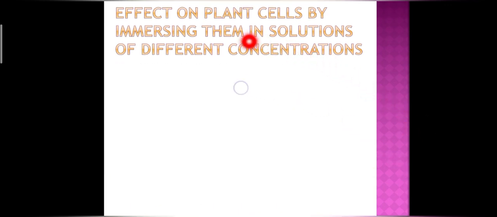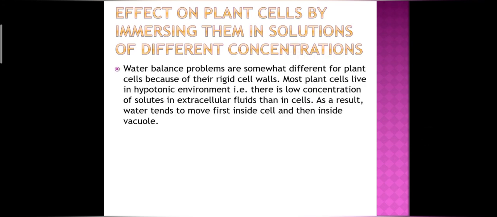Now we will discuss the effect on plant cells by immersing them in solutions of different concentrations. So water balance problems are different for plants because plants have rigid cell walls.